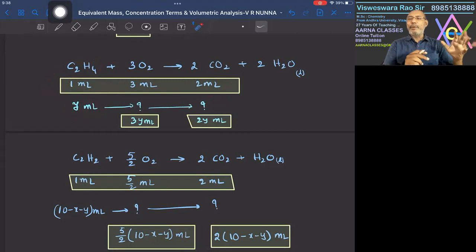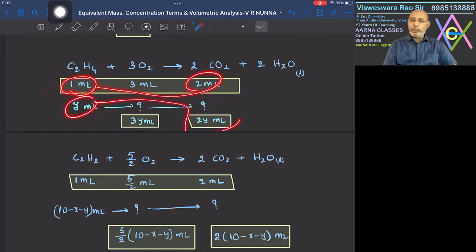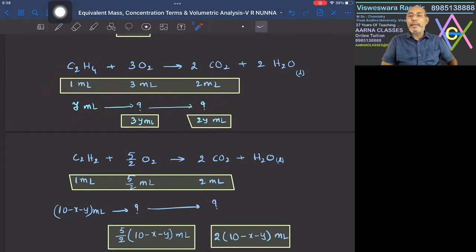I considered the ethane volume to be y ml. For the combustion of y ml, you need 3y ml. 1 ml gives 2 ml, so y ml gives 2y ml of carbon dioxide. That means by burning y ml of ethane, I am getting 2y ml of carbon dioxide and I need 3y ml of oxygen for combustion.